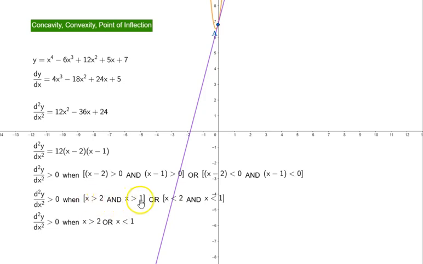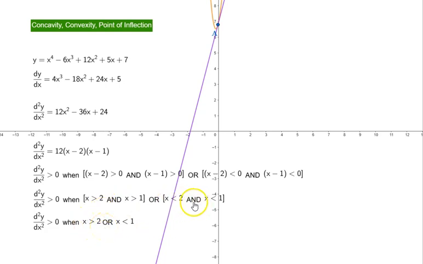X is greater than 2 and x is greater than 1. So we just have to stick to x is greater than 2, because when it is greater than 2, it is automatically greater than 1. So these we can combine into x is greater than 2.